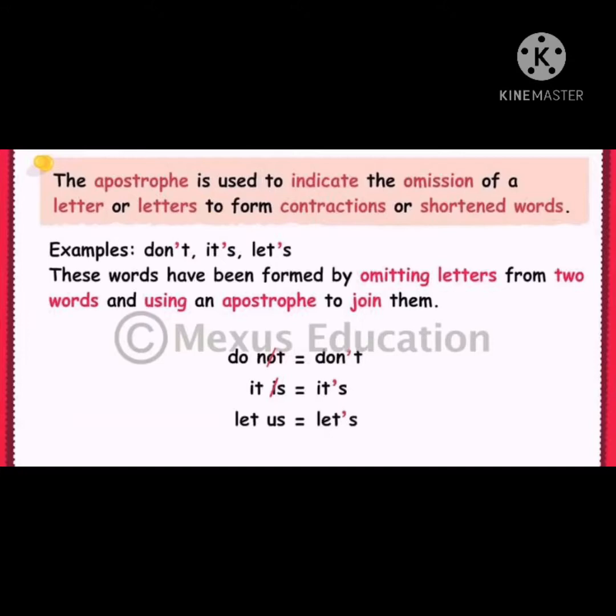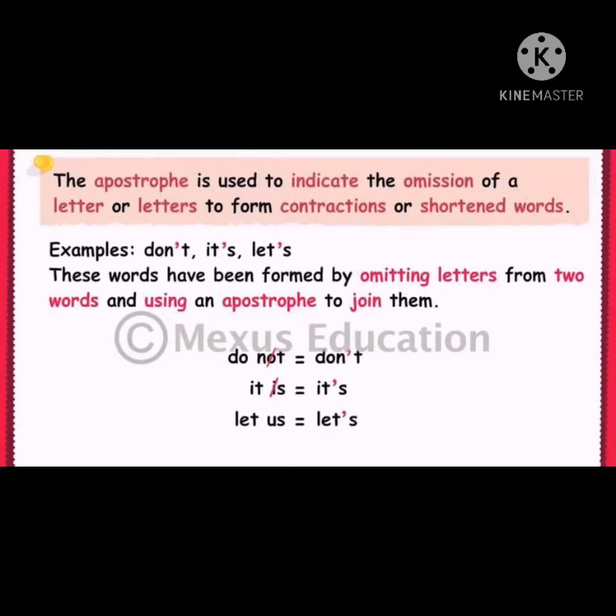For example, you can see I have shown the words don't, it's, and let's. Let's see how I got these words. These words have been formed by omitting letters from two words and using an apostrophe to join them.